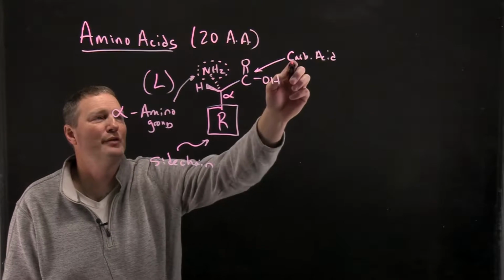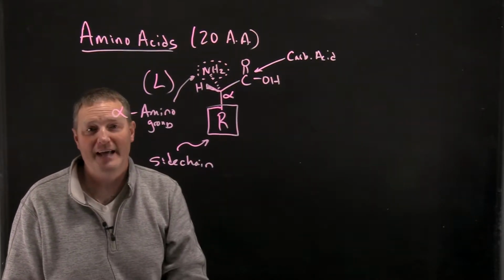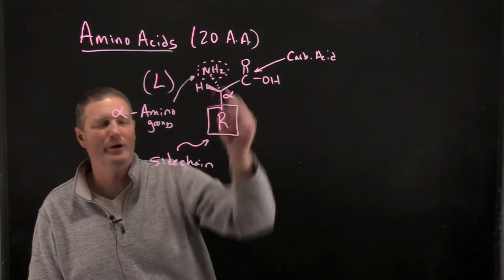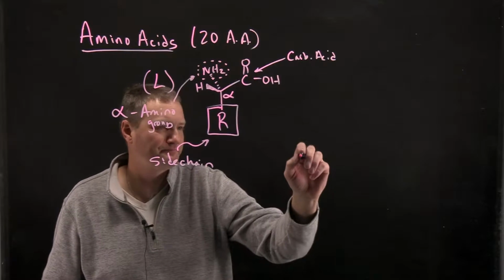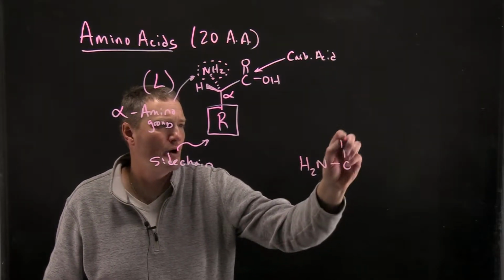And because it has both a carboxylic acid and an amine, this can act as either an acid or a base. So let's just draw this a little simpler now. I won't worry about the stereochemistry anymore. Just draw it like this.